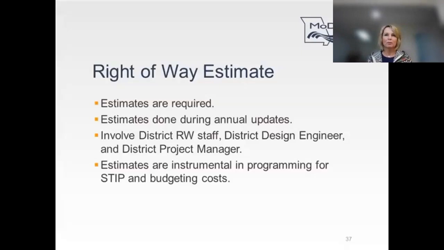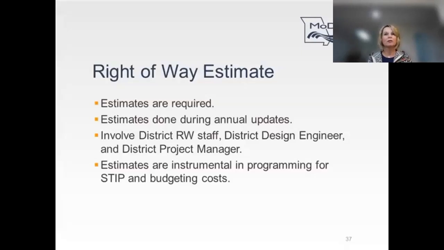At this point, the project will be added to the STIP 5 years out from final development, unless it's been in the STIP for scoping. Title commitments should be ordered to determine property ownership in preparation for stage 3.